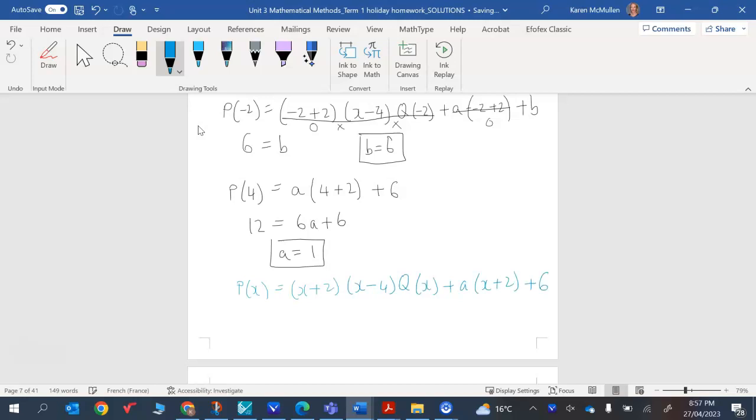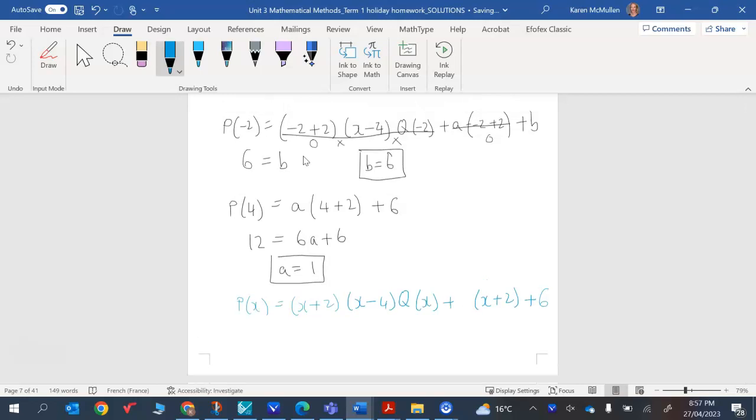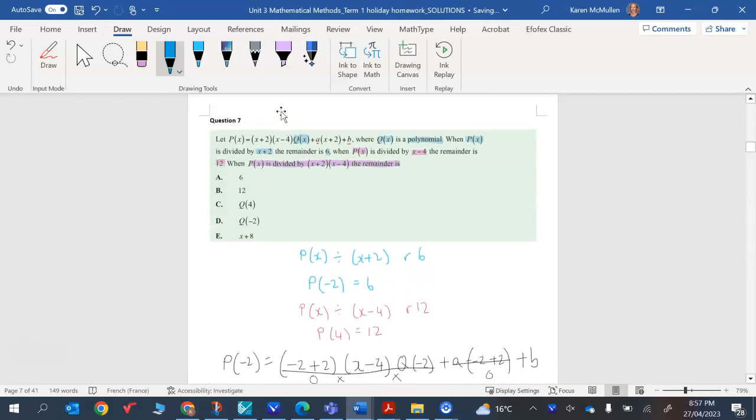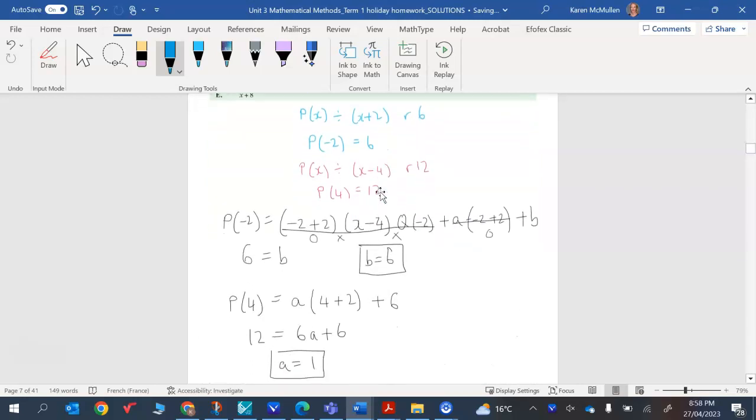Oops. You'll notice I put in A, but we know A is 1, so I can just get rid of that. Okay, so there's our expression now that we know that A is 1. So you can put a 1 there, but it's 1 times, so we don't tend to do that. I'm just going to leave it with a big gap. And B is 6. All right, so we want to know what the remainder is when P of X is divided by X plus 2 times X minus 4.